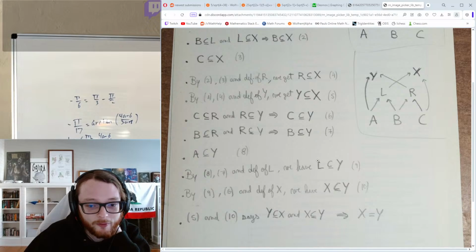And this is, I guess, implicitly using that smallest set thing.